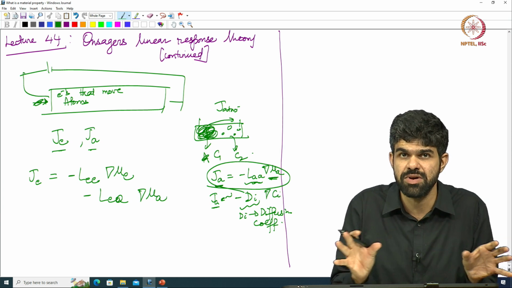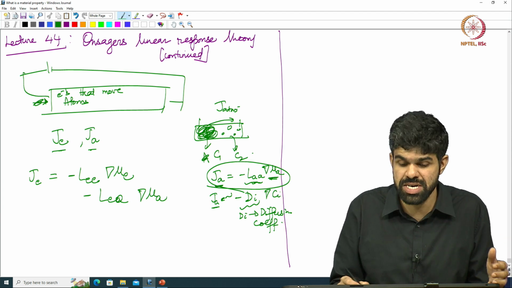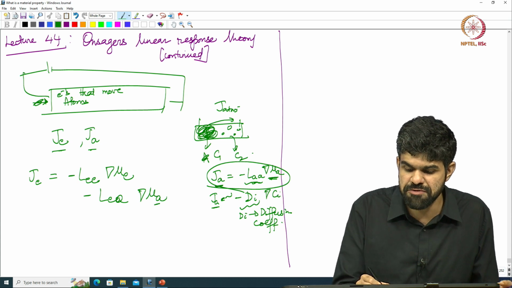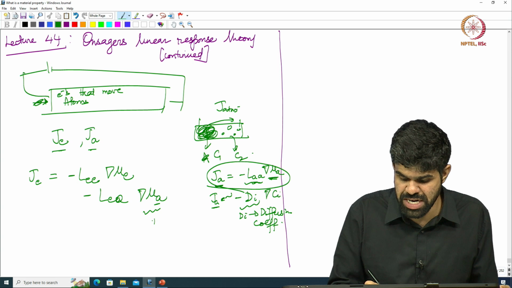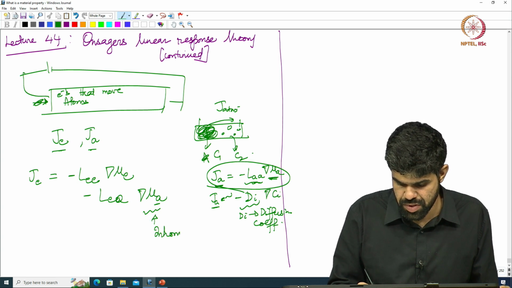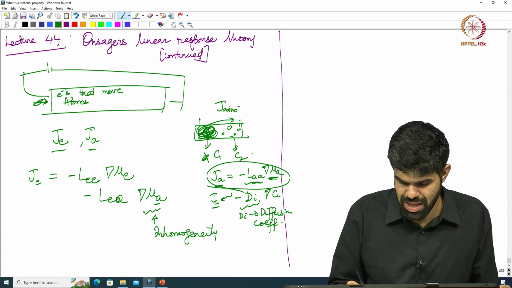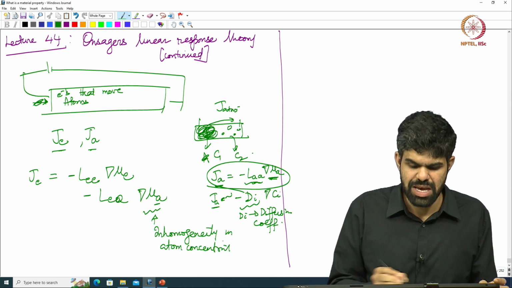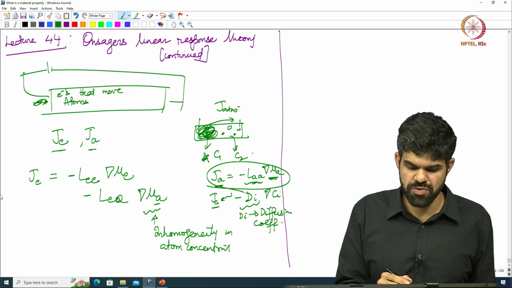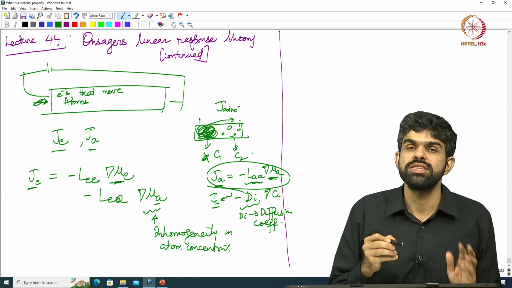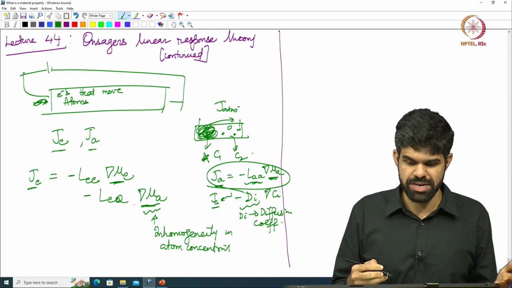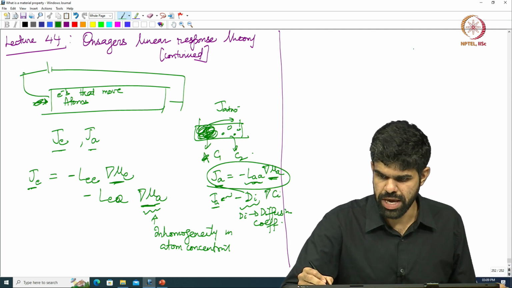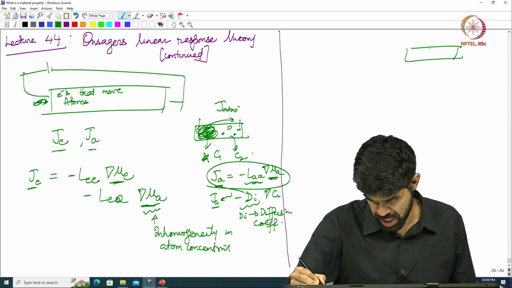If atoms are not in the same concentration throughout the wire, so atom A has a different concentration here and a different one there, there is an inhomogeneity in atom concentration, then I can have a flux of electrons. So the flux of electrons is not just related to the chemical potential gradient of electrons, but also the chemical potential gradient of atoms. Now, I make materials which are more or less homogeneous.